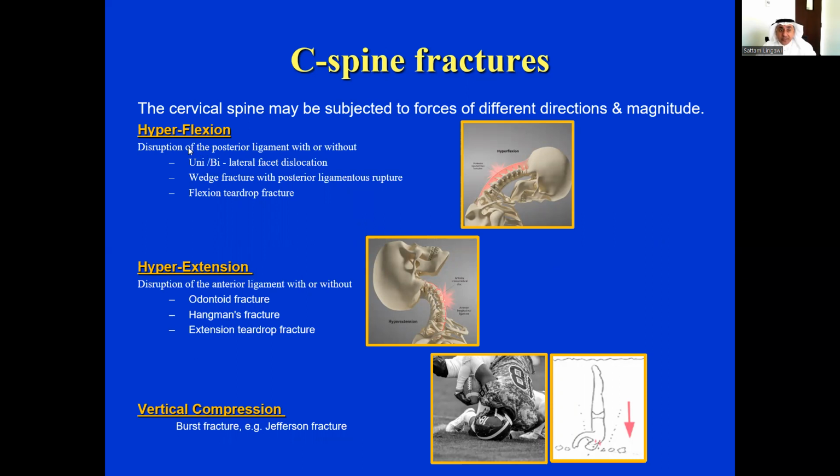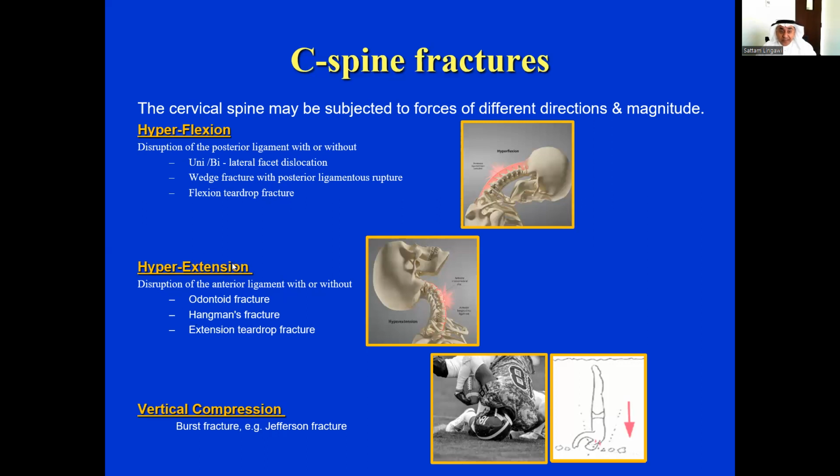In hyperflexion, there's excessive flexion, which results in tear of the posterior ligaments, primarily the interspinous ligament, rendering the posterior element rather unstable. It may or may not be associated with wedge fractures or a teardrop fracture. It may or may not be associated with facet dislocation.